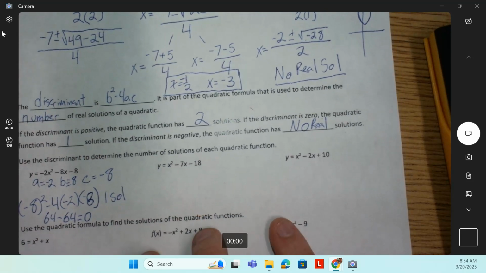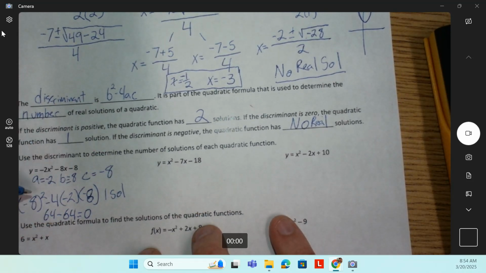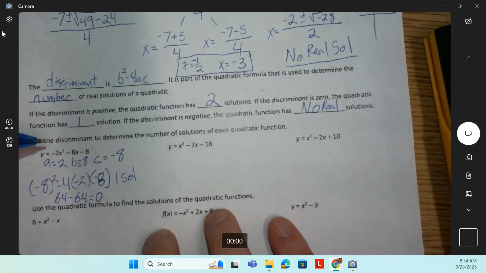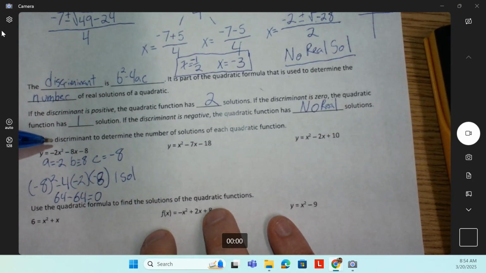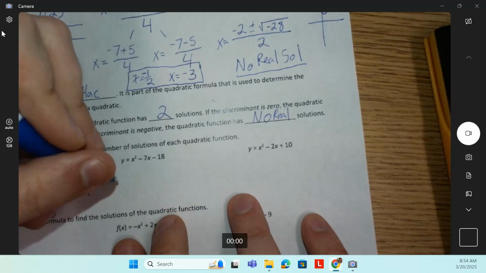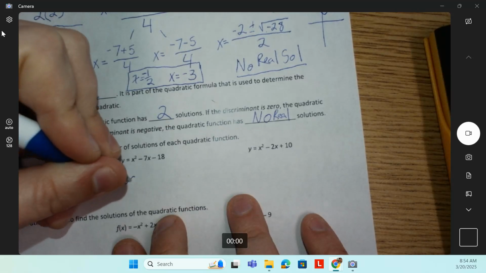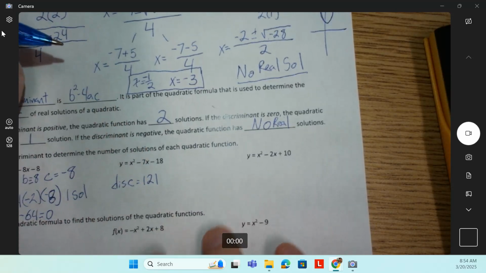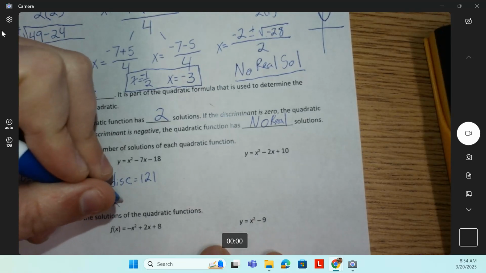Okay, so working those out, really it's just working out the first part of the quadratic formula. And the nice thing about working out the discriminant first is, for this one, I get the discriminant equals 121. And so it would have two solutions.